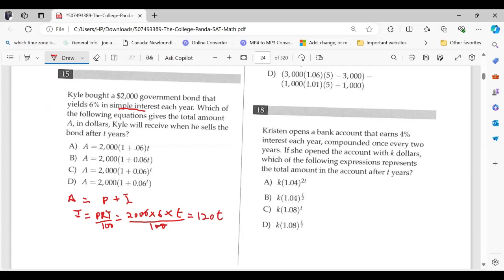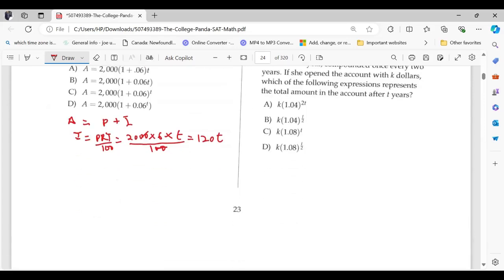Now, so amount, we know what interest is now. So amount is principal, which is 2,000, plus interest, that's 120T. All right. So we now want to see which of these will resemble it.